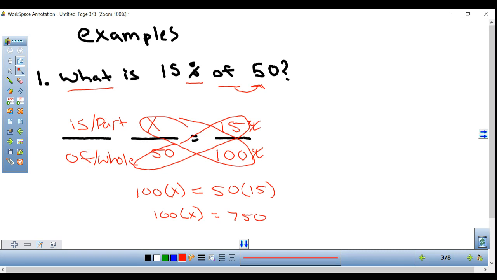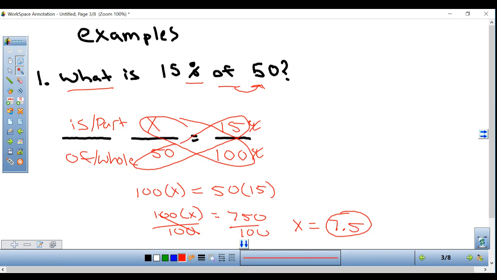And now I've got a simple algebraic equation. Many of you should be used to doing this in 6th grade. 100 times X, in order to solve for X, I have to do the opposite here, which is divide. Divide by 100. And I'm left with X equals 7.5.